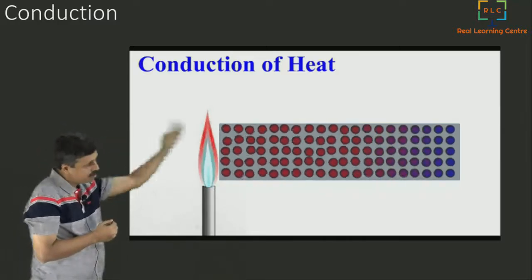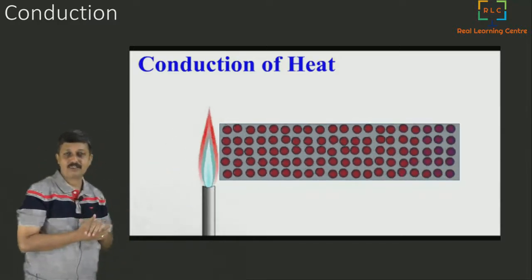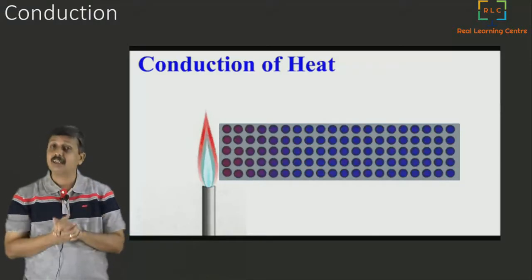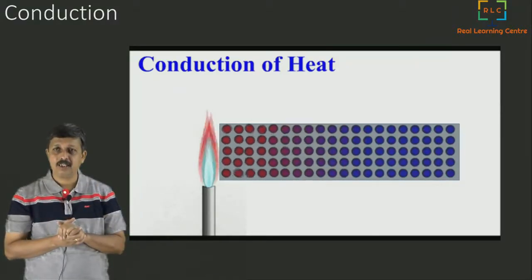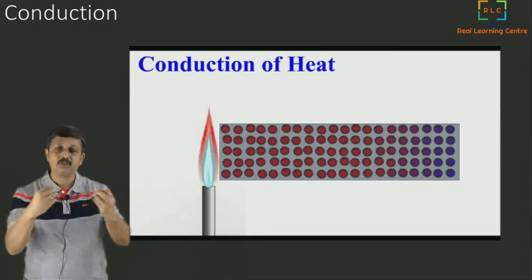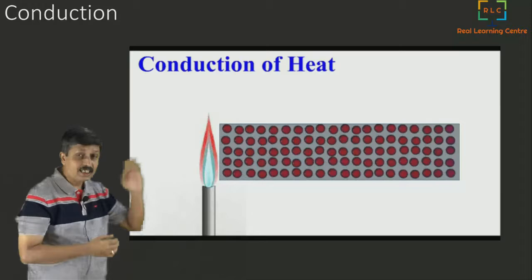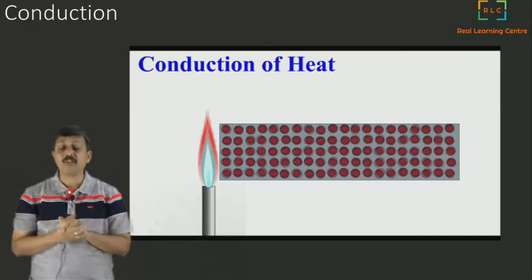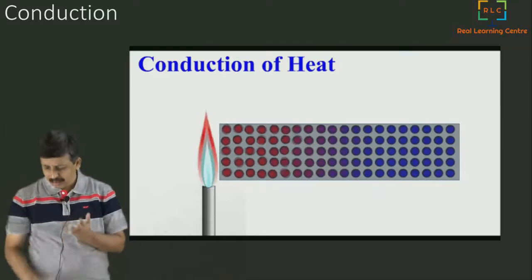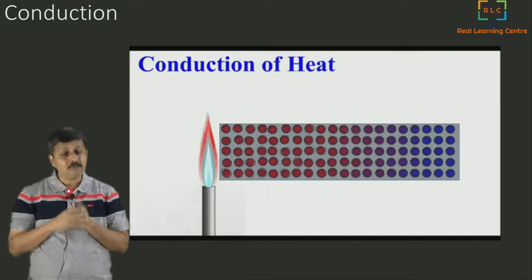Everybody is jiggling more and more, and that continues to the other side. This is called conduction. This happens mostly in solids and a little bit in liquids also, but in liquids the molecules themselves move.